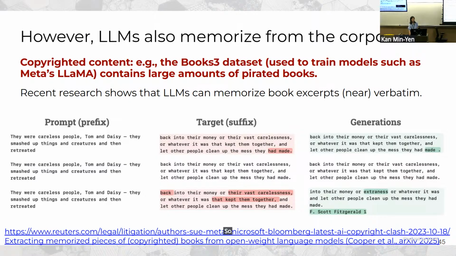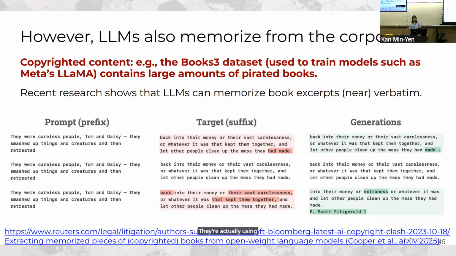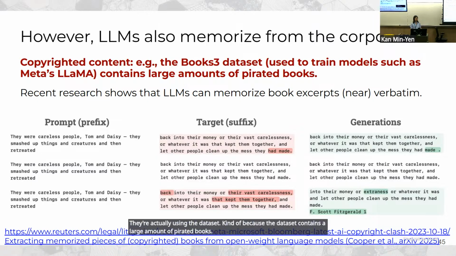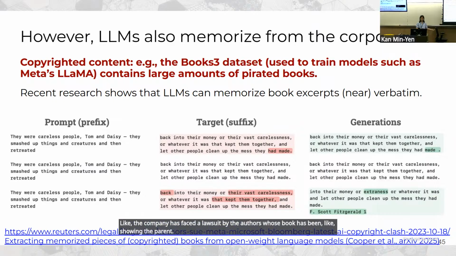For instance, some existing large language models, the most representative one being Meta's Llama model, are trained using the Books3 dataset. However, because the dataset contains a large amount of pirated books, the company has since faced lawsuits by the authors whose books have shown up as pirated content.